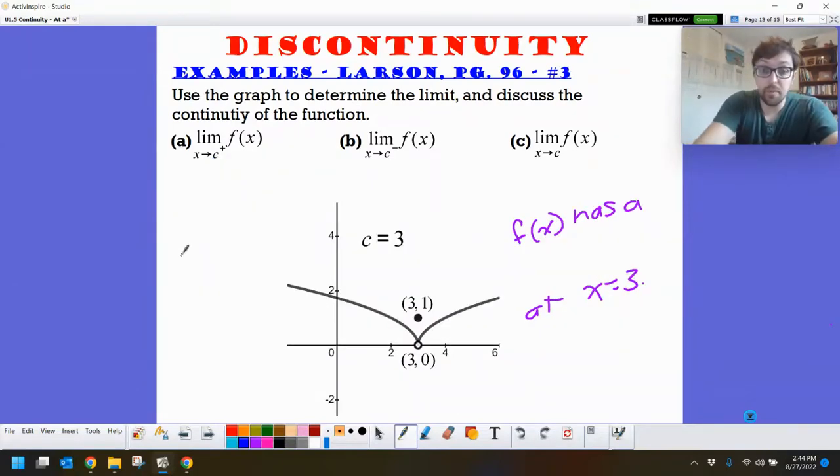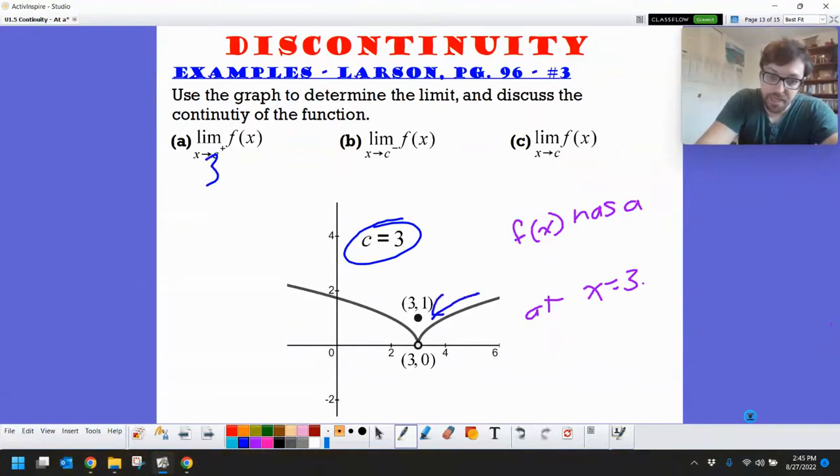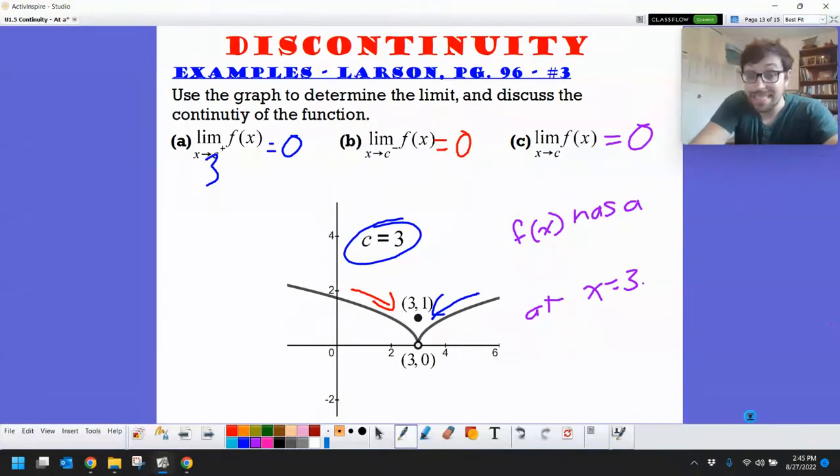In this example, we want to see what's going on with c approaching 3. We start as we come in from the right. As we head in this direction, we can see that the function is heading towards 0. As we come in from the left, we can see once again, hey, that function is heading towards 0. Since those two things are equal, cool, we got a good limit. Our limit is 0.